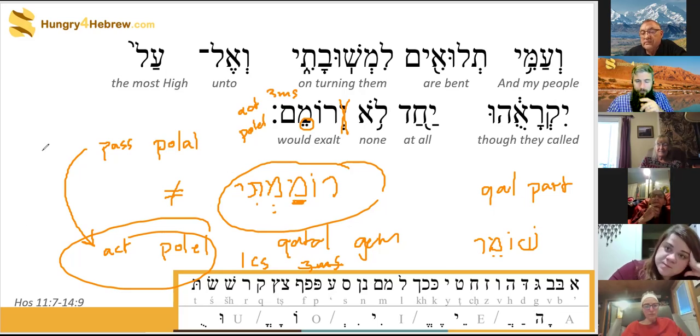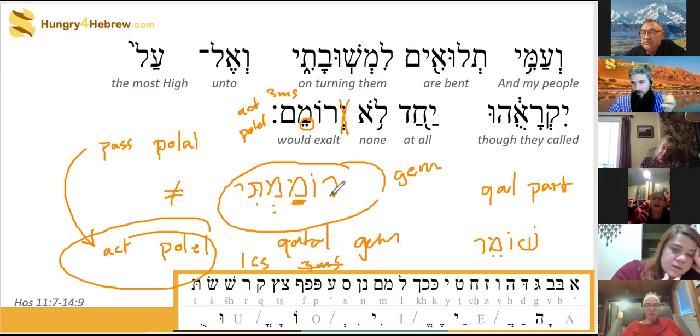Why does it have two mems? Well, I guess it has two mems because, okay, this is speculation. I don't know the answer. But because geminate roots show up in this particular fancy pattern, I assume it's because the geminate roots are the ones that started this extra binyan, or if you want to call it, specialty version of Pi'el and Pu'al.